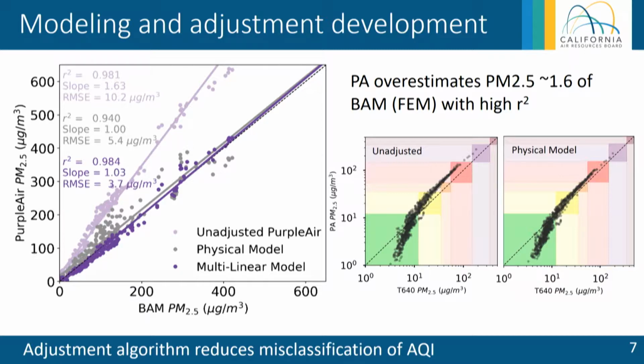The good thing here is if you look at the left-hand side chart, this is at a log scale, but it's unadjusted to the physical model. But they land onto the one-to-one line. That way, we really can reduce the misclassification of AQI, like green is always green, yellow is always yellow, and red always red. So this is a good example of our analysis and the algorithm.